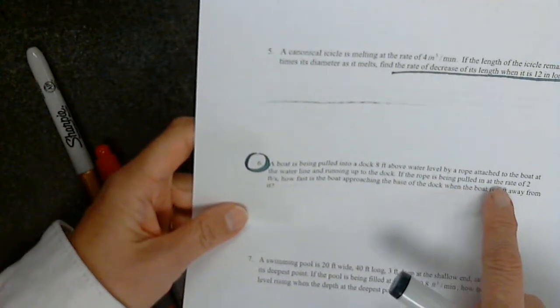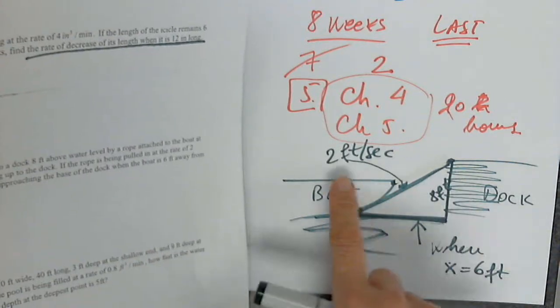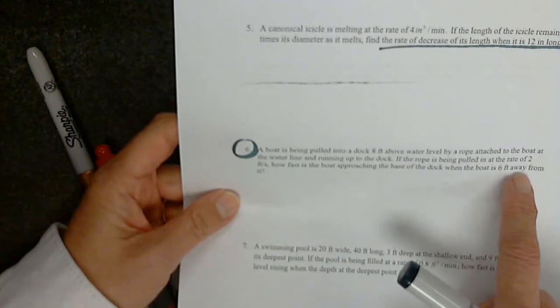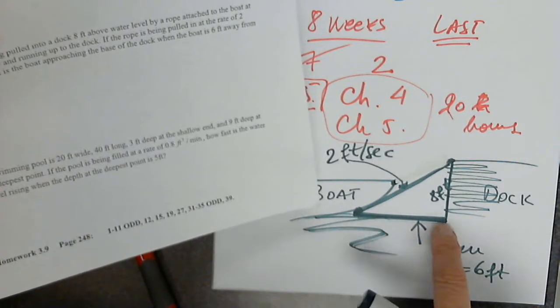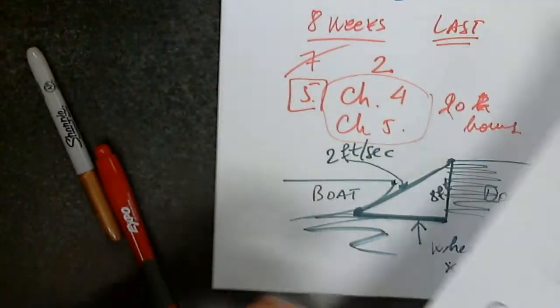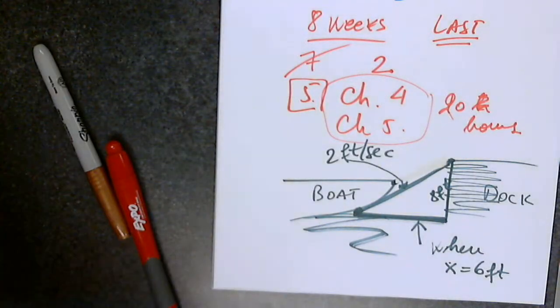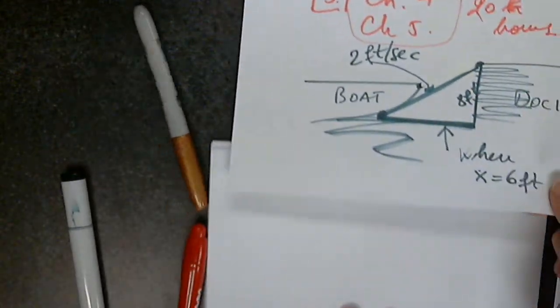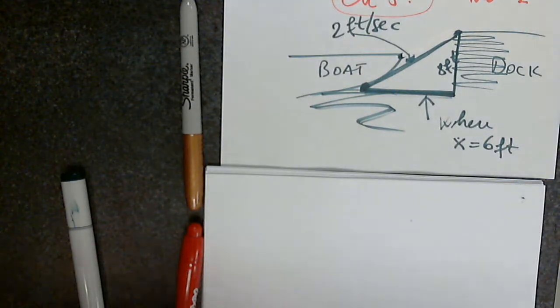If the rope is being pulled in at a rate of 2 feet per second, so this changes at 2 feet per second, how fast is the boat approaching the base of the dock when the boat is 6 feet away from it? How fast is this changing, specifically when X is 6 feet? So any ideas here? Any suggestions?